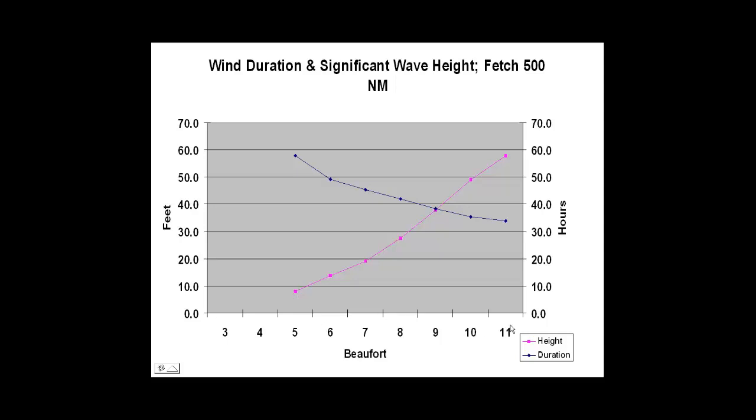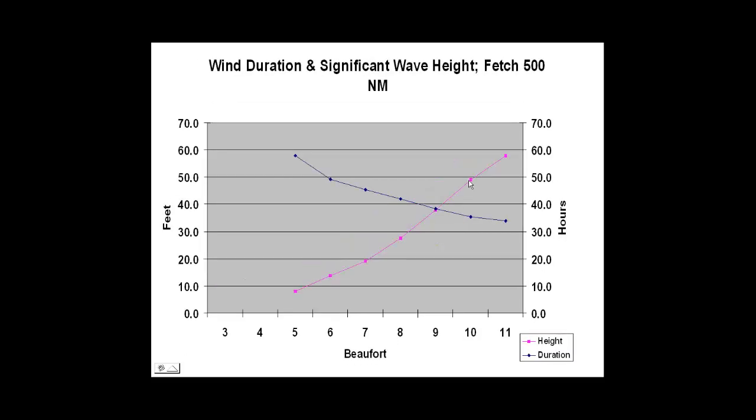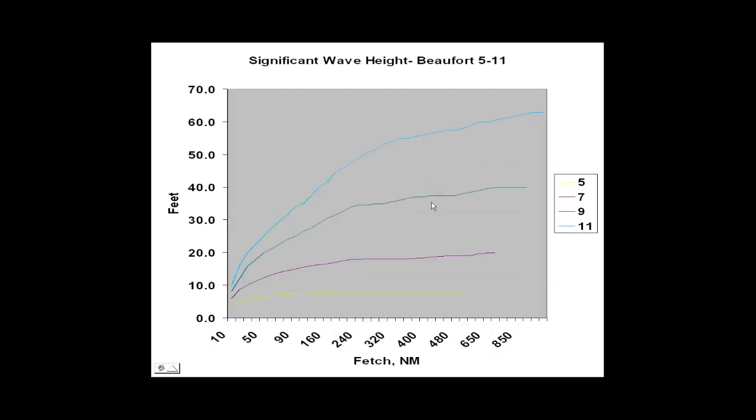But Beaufort 11, blowing for 33 hours, will produce a 58-foot wave. So this is extracted from this table, okay? And as I say, that table will give you headaches. A few other things extracted from the table just to give you a perspective of it.